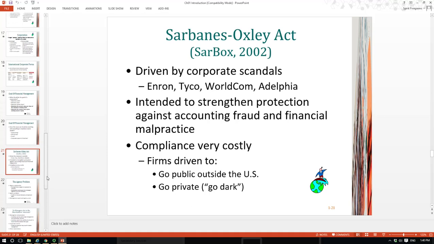And many companies focus on maximizing profits, maximizing good numbers that people want to see on the accounting statement or financial statement. And as we know, those accounting information or financial numbers can be made up by manipulations. And typical examples were Enron, Tyco, WorldCom, Adelphia, and so on and so forth.